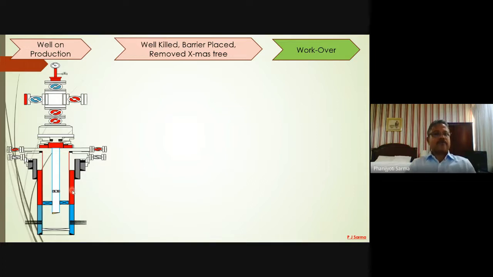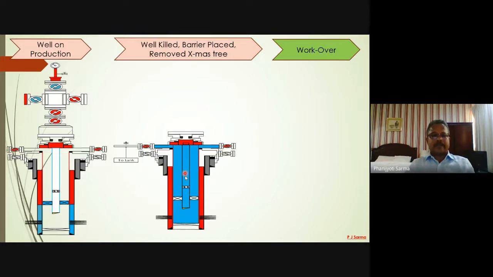So in order to control the production, or not to produce during the well workover, we need to place an additional barrier, and that is the kill fluid. The kill fluid is pumped through this killing valve and displaces the whole wellbore. So now we place this barrier, and once we place it, we can remove this.